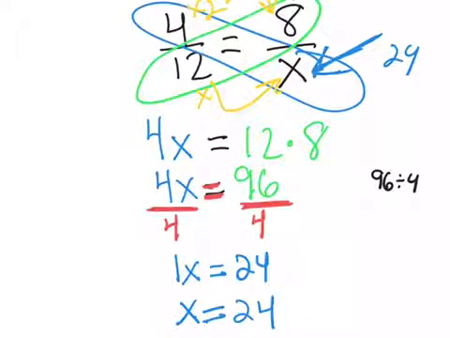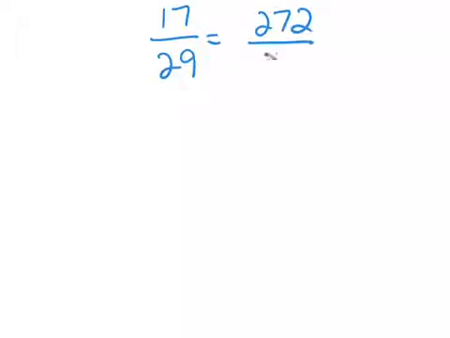Now, some of you are probably thinking, why did we do all of this work? I could have told myself that the answer was 24 in the first place. Not all examples are going to be this simple. So let me give you an example of a proportion where the numbers are big and it's a little bit more confusing. 17/29 is equal to 272 over what?